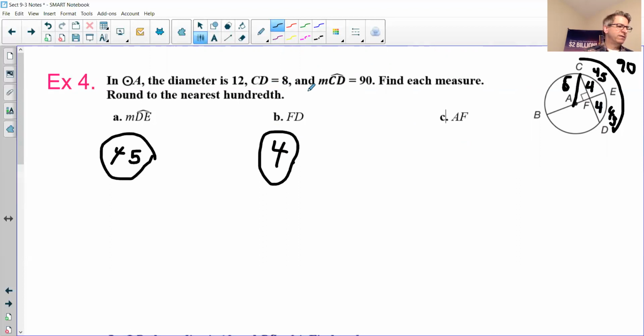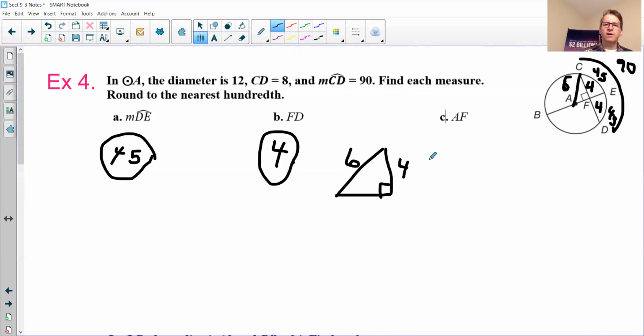Last one is Pythagorean's theorem. So we're going to pull this little triangle here, and we're going to make this triangle out. So what I did is I'm just going to pull this triangle out, go 4, 6. So we're going to end up with a squared plus b squared is c squared.